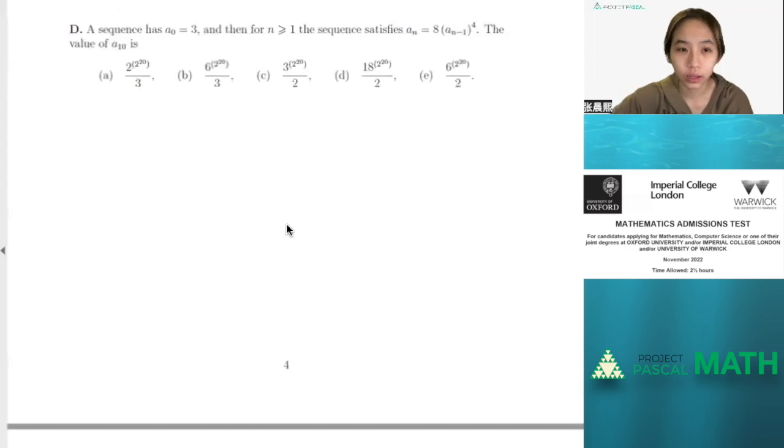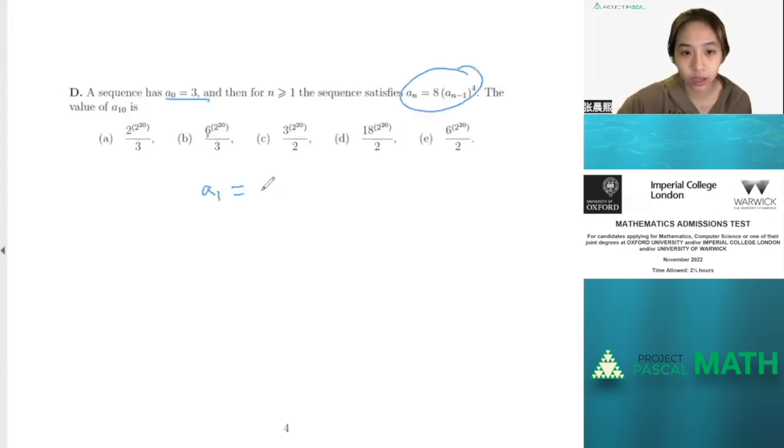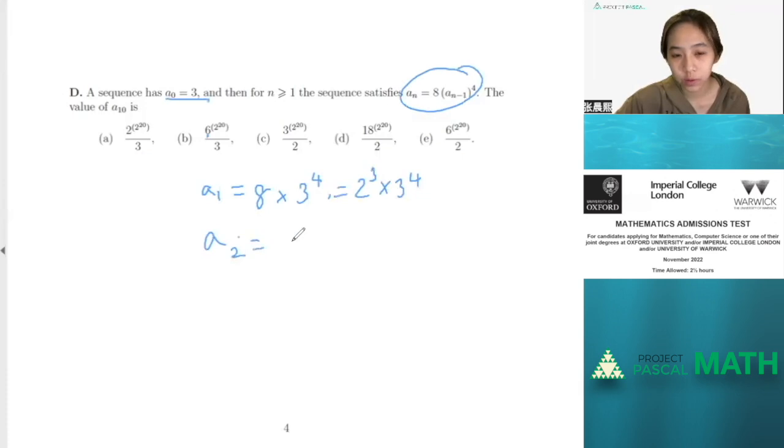Okay, moving on. D. So for this one, you try the small cases first. You realize that A1 equals 8 times 3 to the power 4, so this is 2 to the power 3 times 3 to the power 4. And A2 equals 2 to the power 3 times 2 to the power 12 times 3 to the power 16, which is 2 to the power 15 times 3 to the power 16.